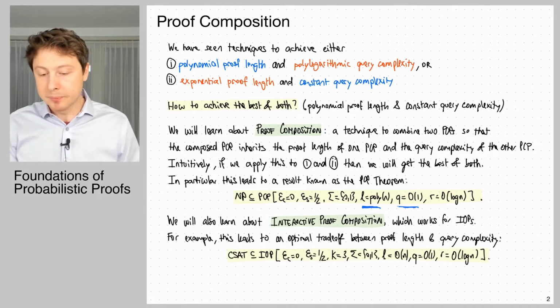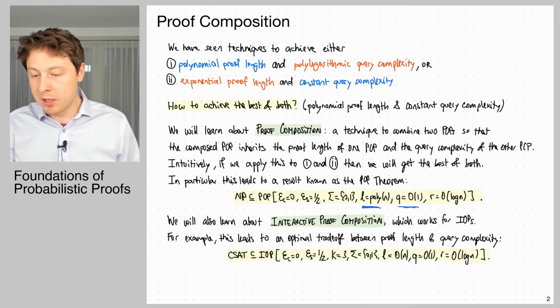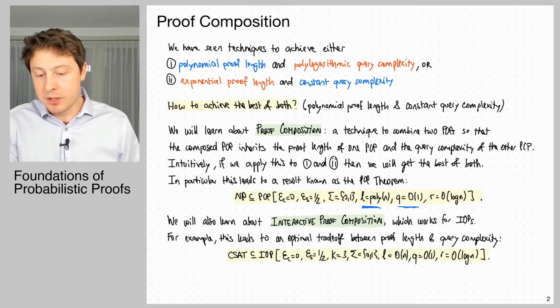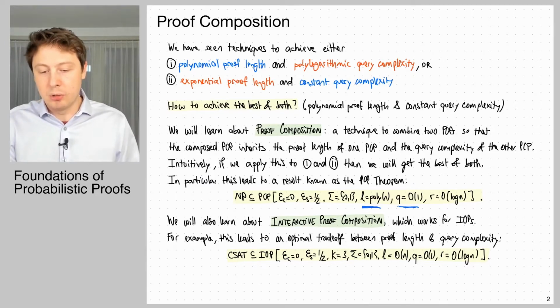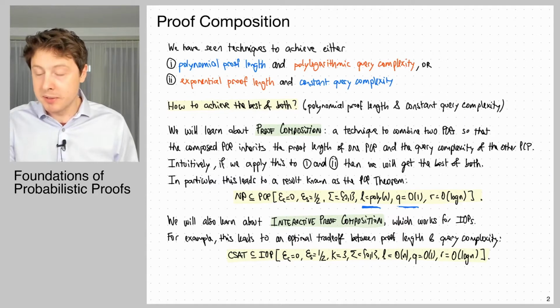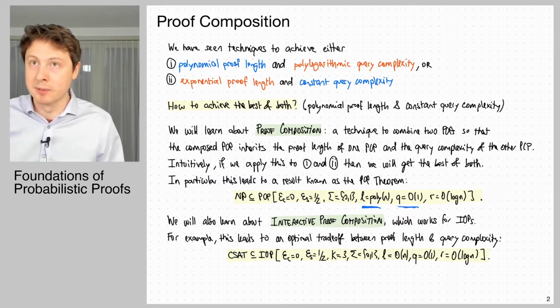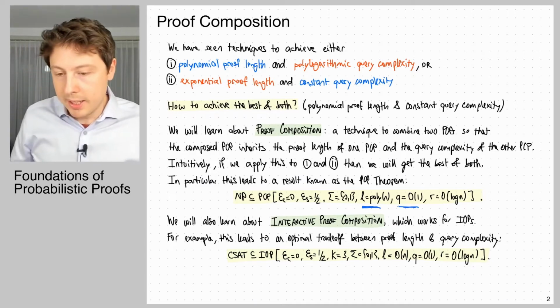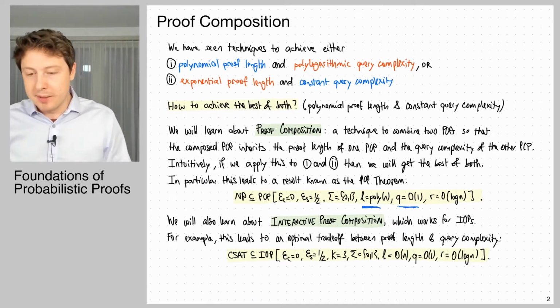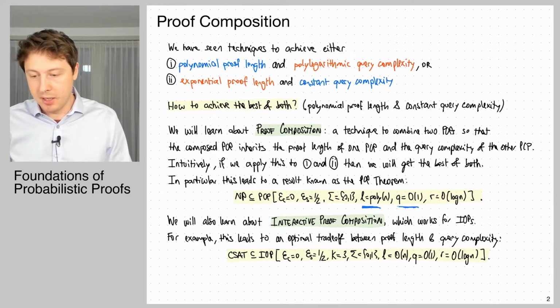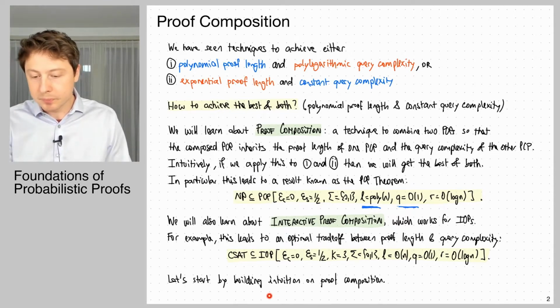So for example, interactive proof composition leads to an optimal trade-off between proof length and query complexity, where it is known through this technique to achieve an IOP for Boolean circuit satisfiability, where you have both linear proof length and constant query complexity in a small number of rounds, in fact 3. So this is a powerful and general paradigm, and so that is what we want to talk about today.